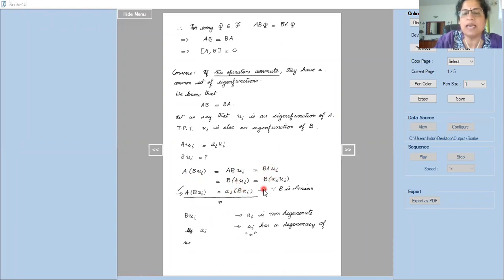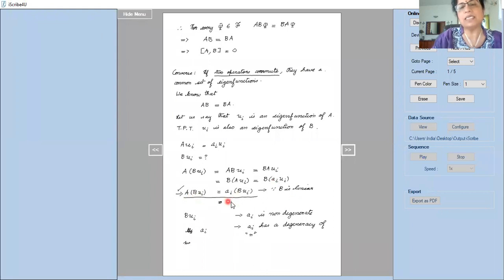And finally, we came up with this statement that A operating on B of ui is equal to ai times B of ui. And how could we write this? We could do it because B is linear, right?